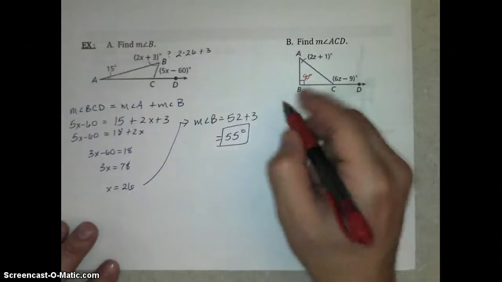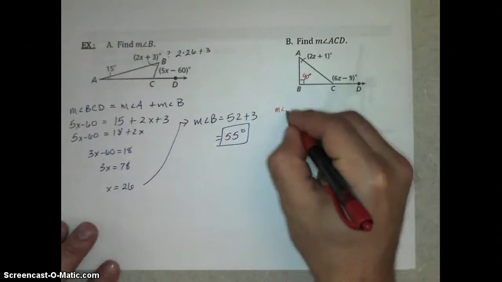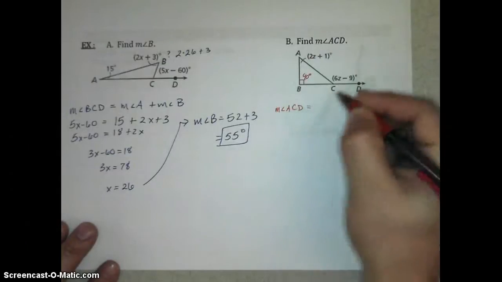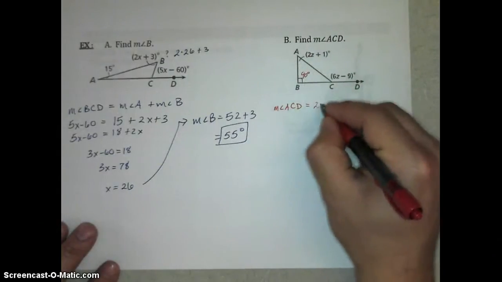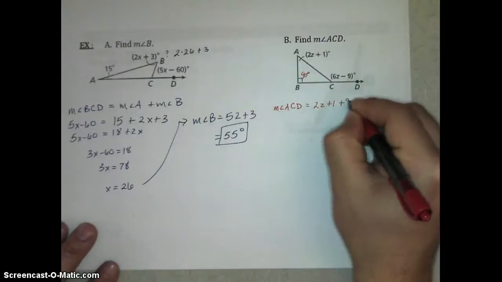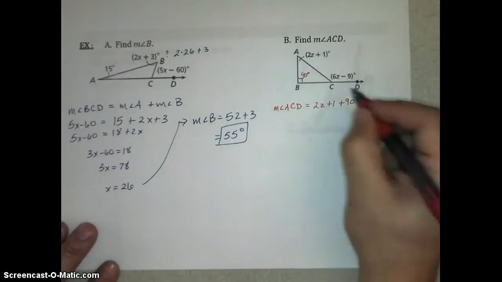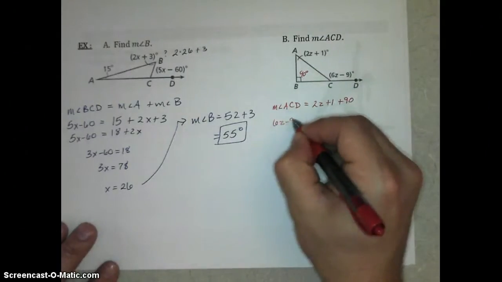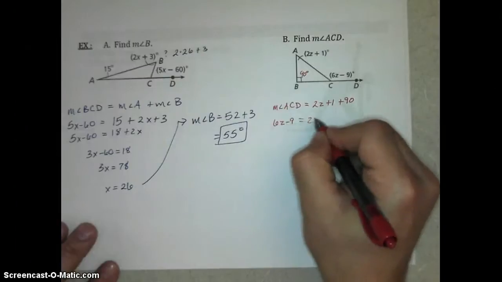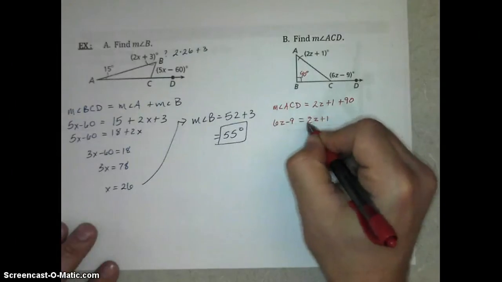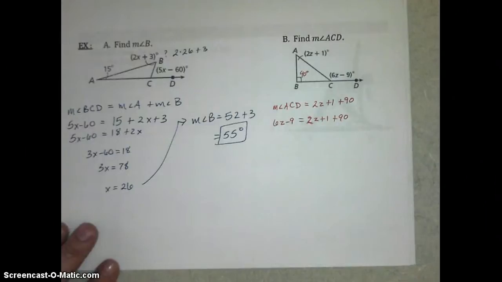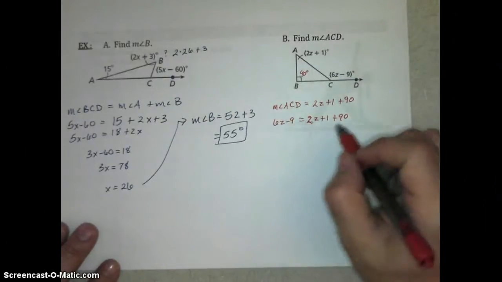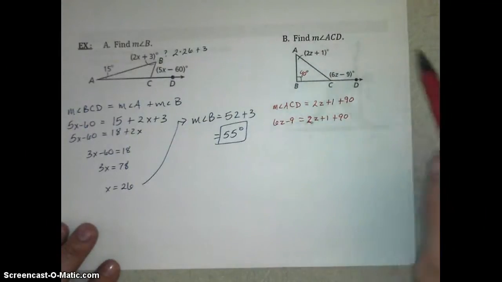I want you to remember the measure of the exterior angle ACD has to equal the sum of these remote interior angles. So we know 6z minus 9 has to be 2z plus 1 plus 90. So once again, solve that equation, find the value of z, and then plug it back in to find the measure of angle ACD.